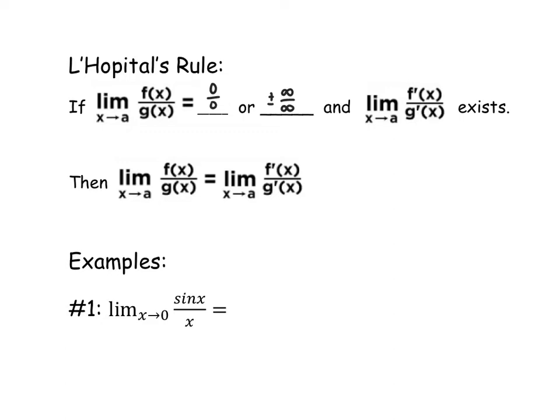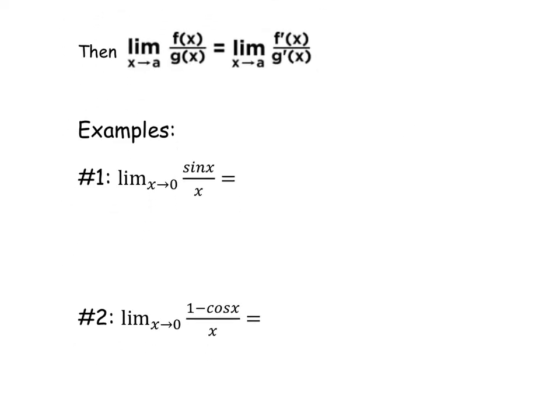Provided that both functions are differentiable, we can take the derivative of both the top and the bottom and reevaluate. One key thing is we must simplify first. I'll explain in the examples that follow. Okay, let's take a look at our first example.